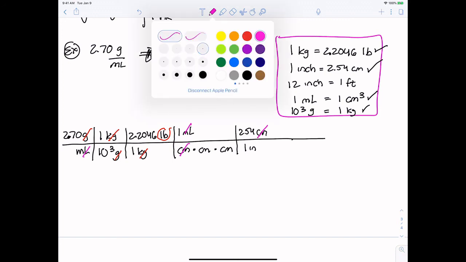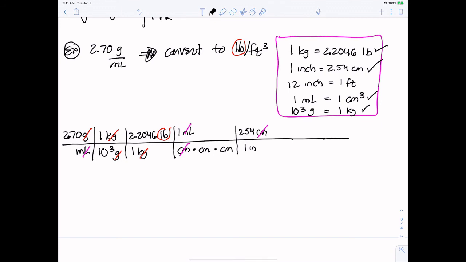So what I have to do is put that in 2 more times, 3 times total. 2.54 centimeters, 1 inch, 2.54 centimeters. We're going to run out of room, 1 inch. Now I can cancel all of them. So this centimeters with this centimeters, this centimeters with this centimeters. I now have inches cubed on the bottom.